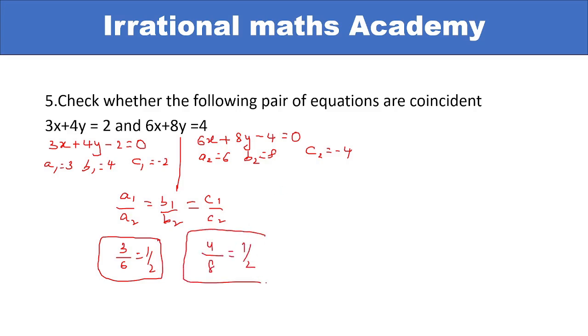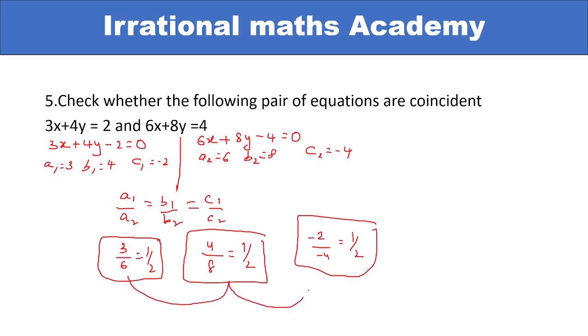And C1 by C2, minus 2 by minus 4, I get 1 by 2. So if you observe here, A1 by A2 is equal to B1 by B2 equal to C1 by C2. Therefore, the given pair of equations represents coincident lines.